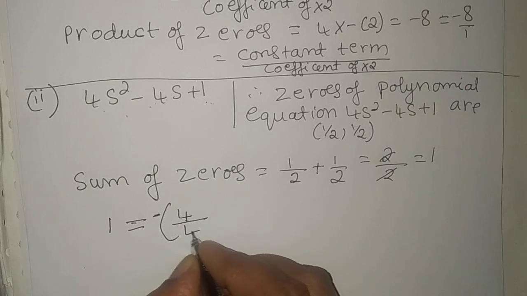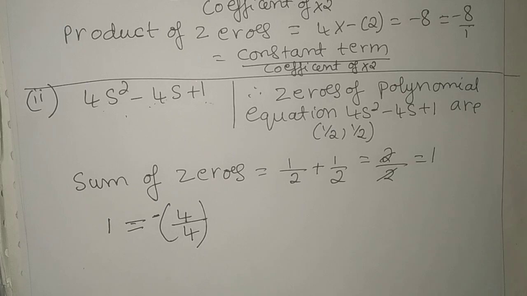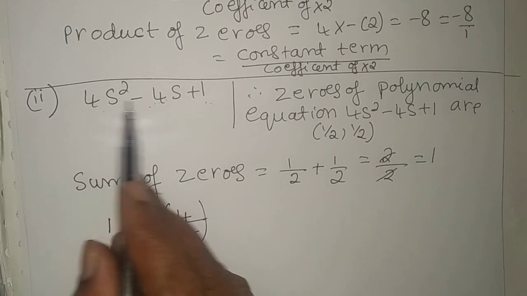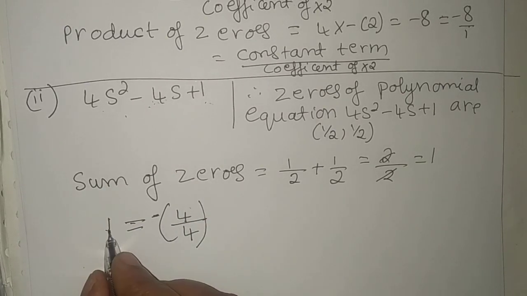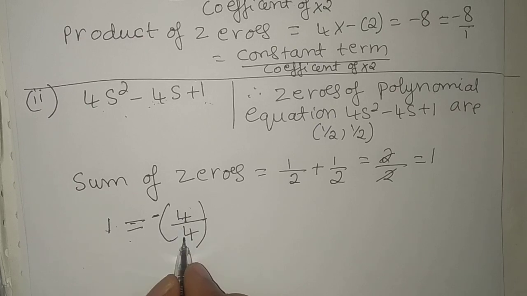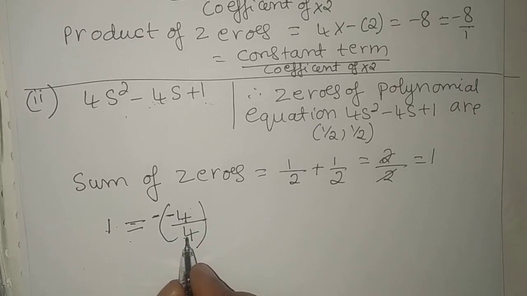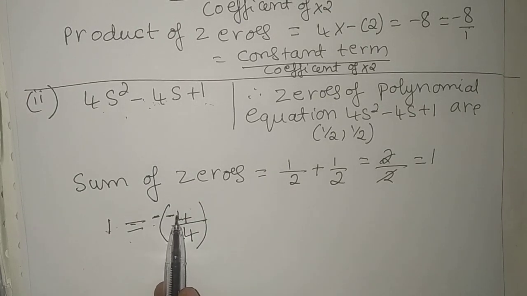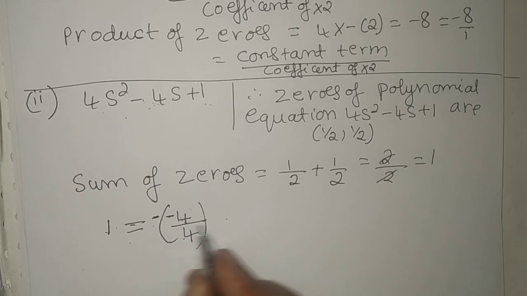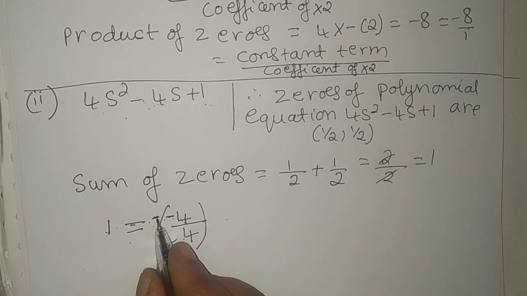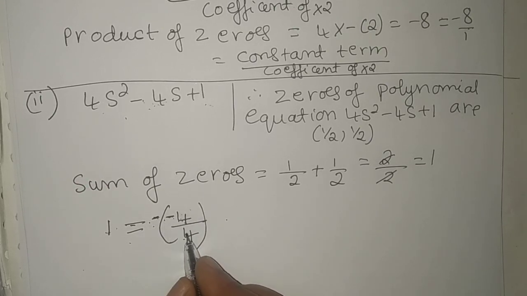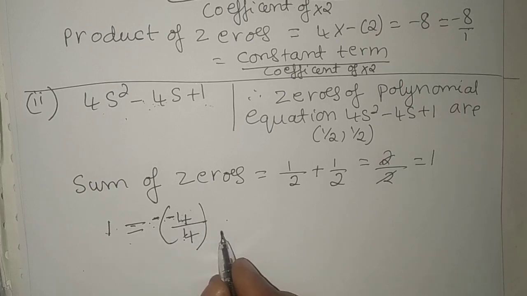We'll take the values which are present in the equation only. This 1 can be written as minus 4 by minus of minus 4, because minus 4 is there. We have taken minus 4 inside the bracket, minus into minus is plus, and then we get 1.